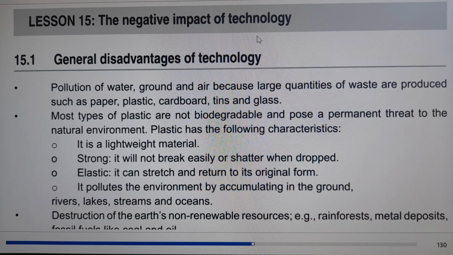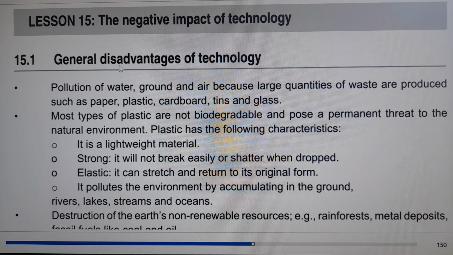Under developing materials, we've got biodegradable, environmentally friendly, and remanufactured. Under adapting materials, we've got concrete, different profiles, and plywood. Now we are looking at the negative impact of technology.